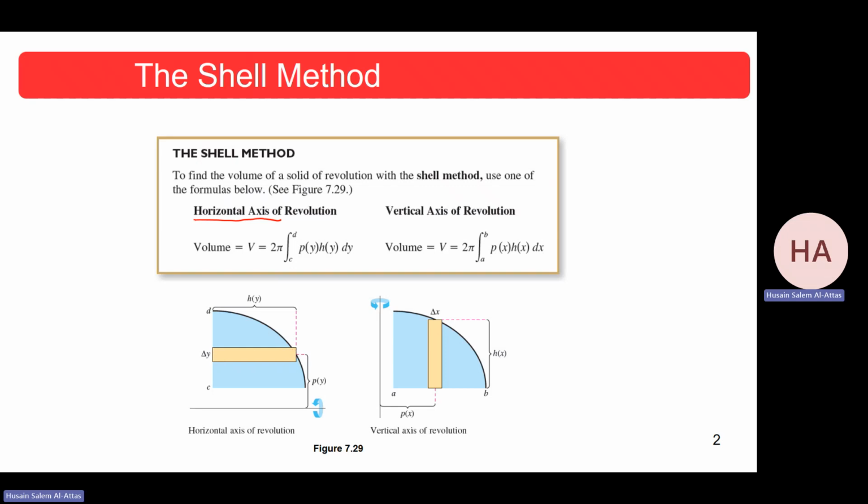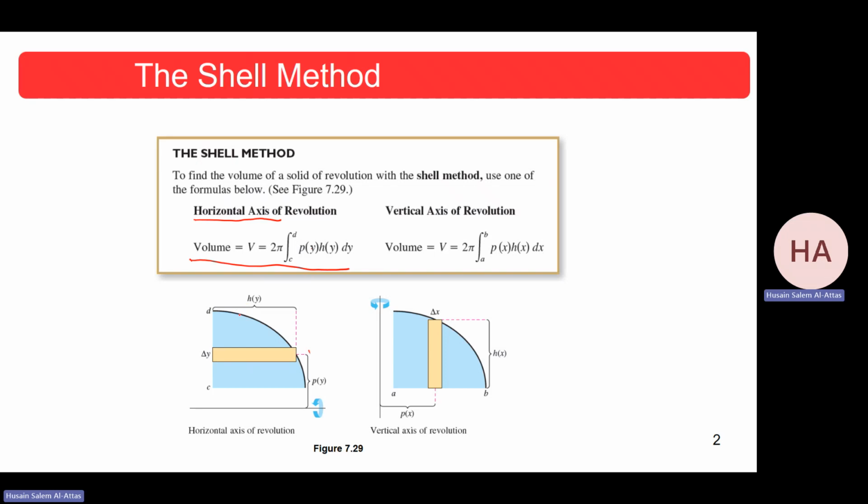So if that is the case, I have this formula: 2 pi, and then if they have a horizontal axis of revolution, that will be in terms of y. All the things in terms of y. And I have P of y, H of y. What is P of y? P of y is the distance. Let me say H of y first.